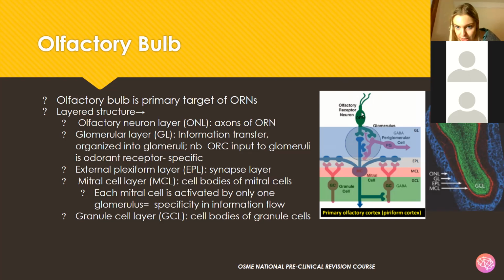So you can see here we actually have a really specific system of our olfactory receptor neuron directly contacting glomeruli into the mitral cell layer, and the mitral cells will then project to the olfactory cortex without a thalamic delay, with this inhibitory GABA input from the granule cells and the periglomerular cells.